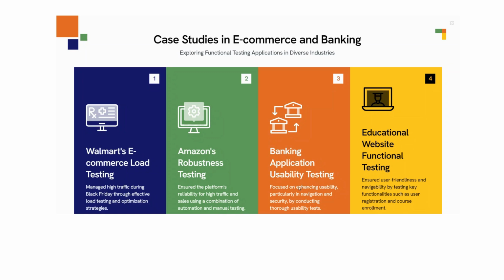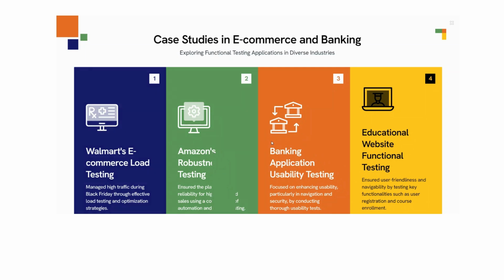Banking application usability testing focused on enhancing usability, particularly in navigation and security, by conducting thorough usability tests. Educational website functional testing ensured user friendliness and navigability by testing key functionalities such as user registration or course enrollment. So these are the case studies in e-commerce and banking. You can go through these by searching on Google and all.